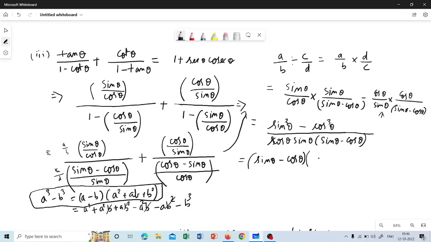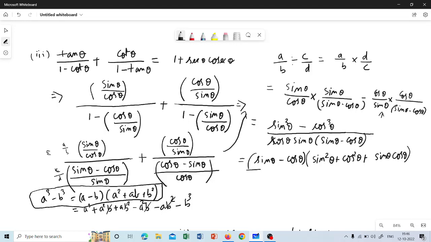A square is nothing but sine square. Then I will write b square here. B square is nothing but cos square, then plus ab, sine theta into cos theta. So I can write like this.